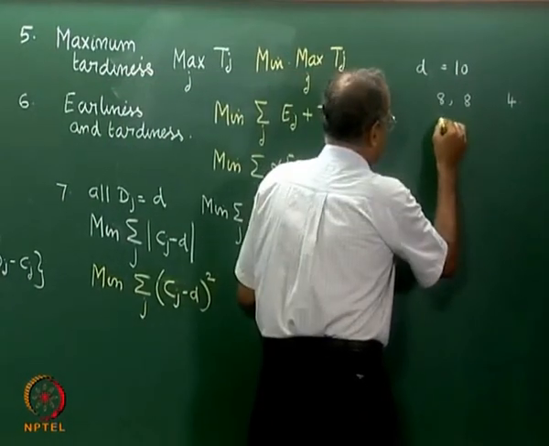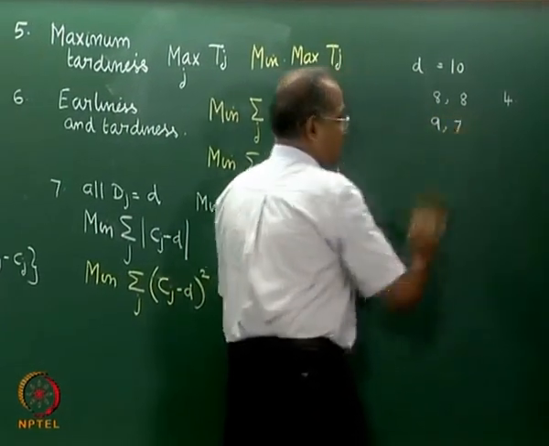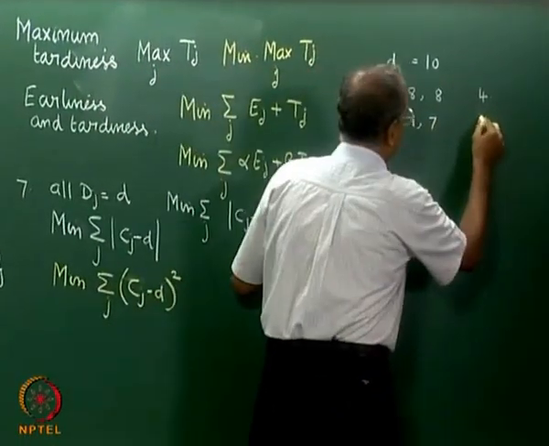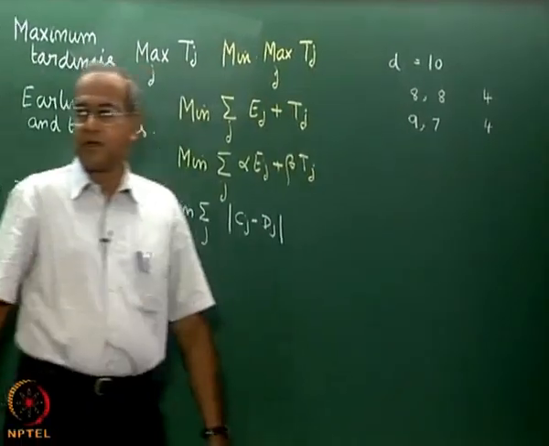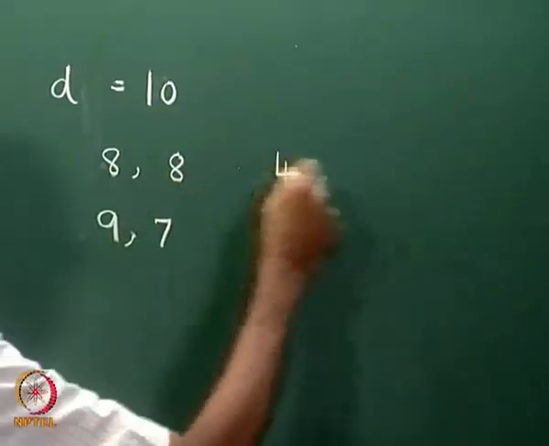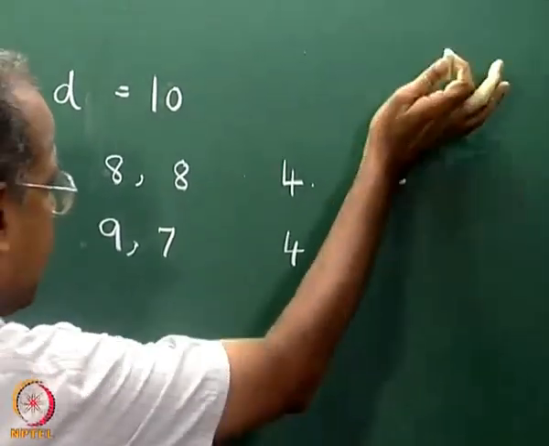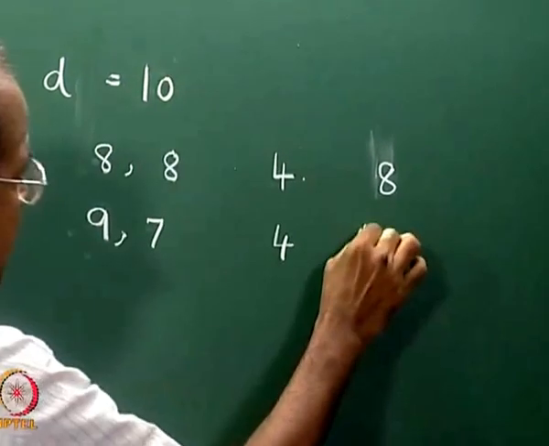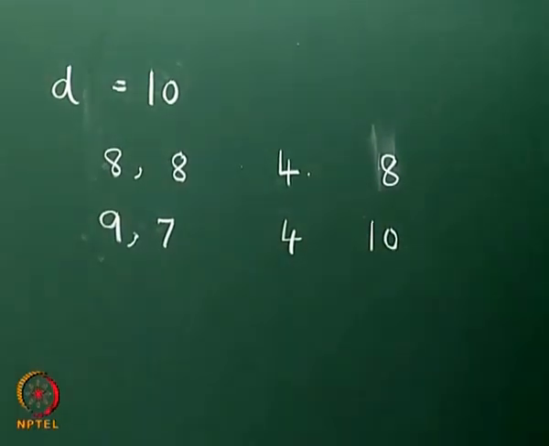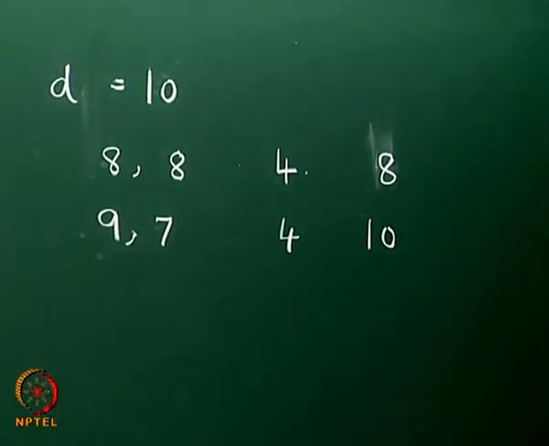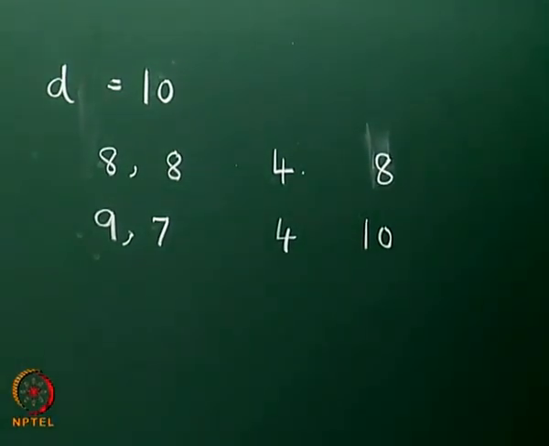If we have two completion times, 9 and 7, the sum of the absolute differences would be 1 plus 3, which is 4. But if you do the square, then the first will become 2 square plus 2 square, which is 8, and here it will become 1 square plus 3 square, which is 10. So we would prefer this to this, because this gives a larger penalty for larger deviation.